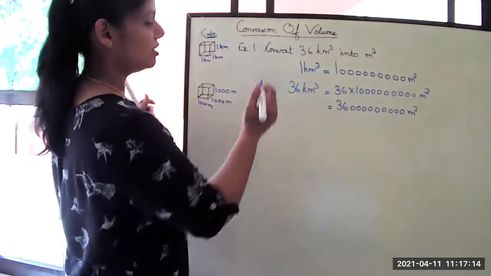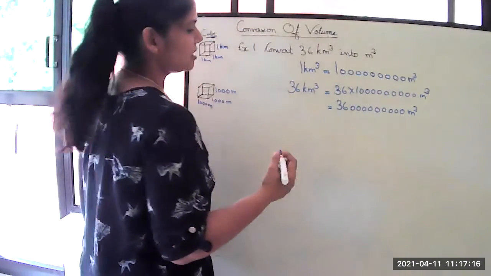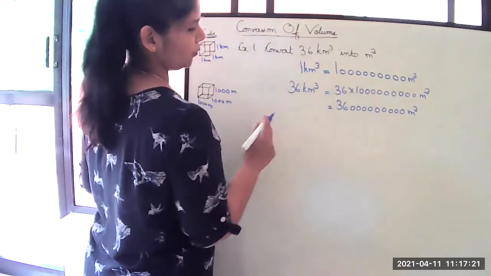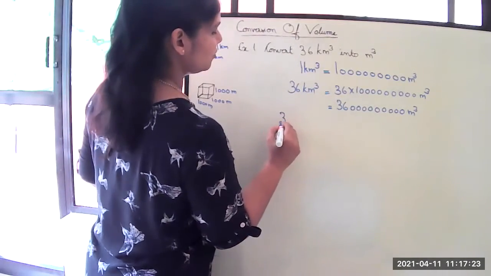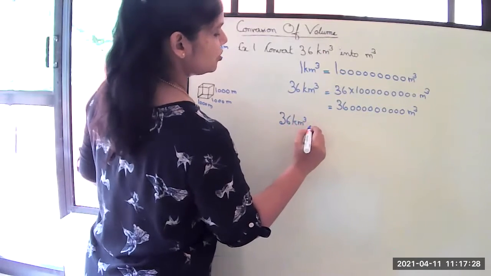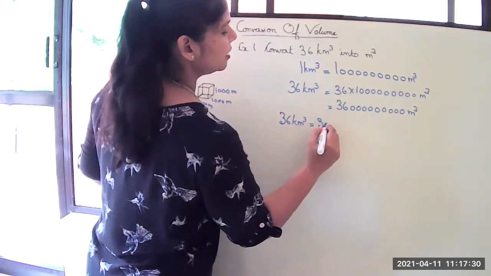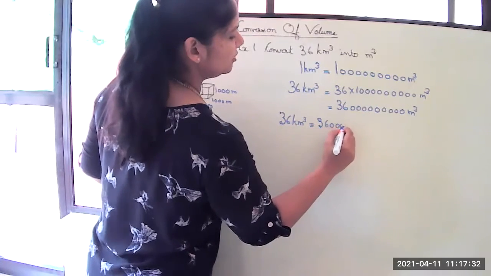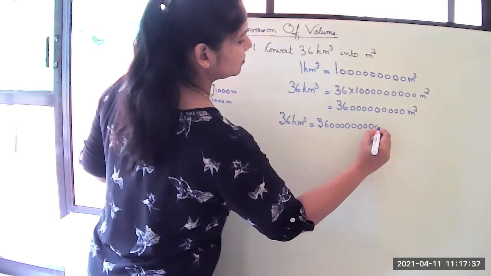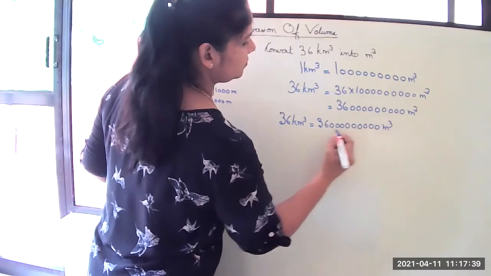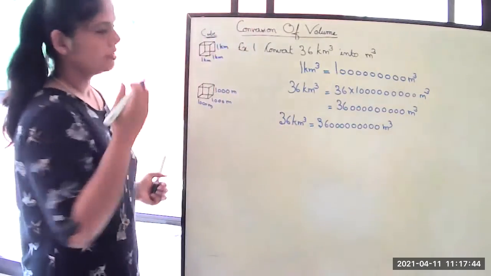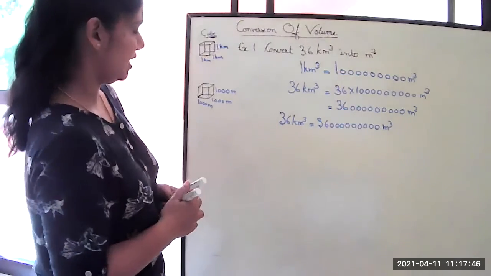It is very much easier for us to say it as 36 kilometer cube instead of converting it into meter cube. So that is the purpose of using bigger and smaller units. So this is your answer.